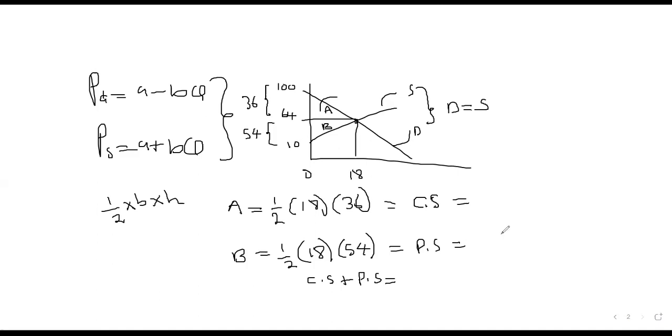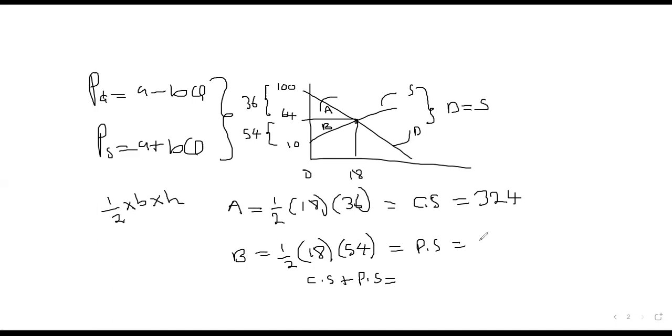Okay. So in this case, we calculate the areas as follows. What is our area here for the consumer surplus, and what is the area here for the producer surplus? Quickly with the calculators. 324. 324 goes to consumer surplus.